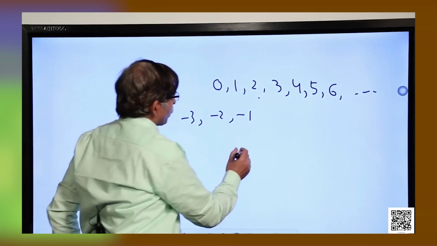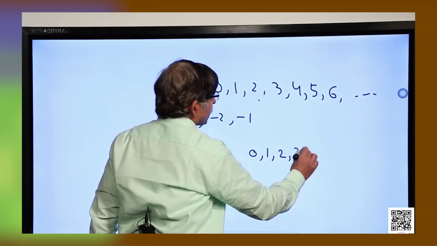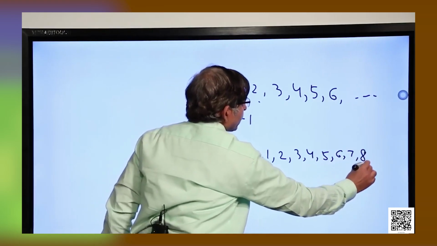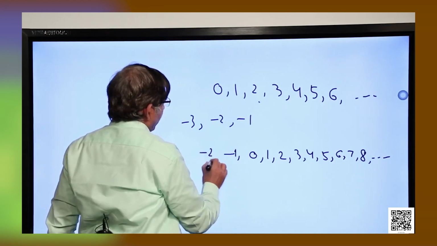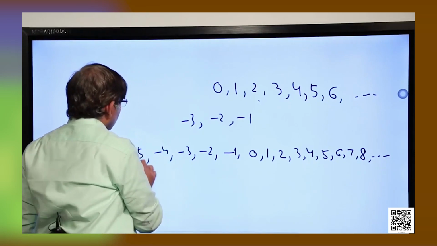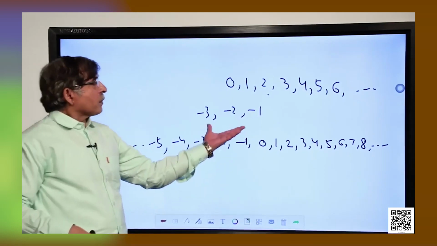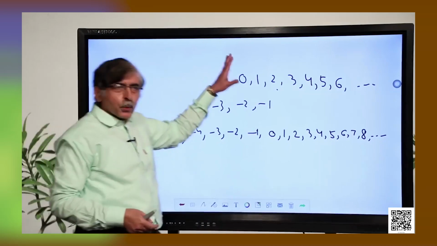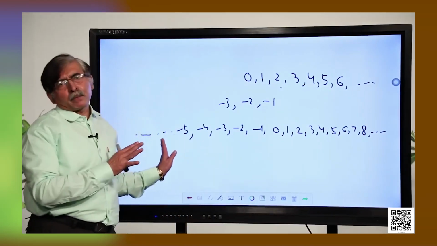Suppose we have 0, 1, 2, 3, 4, 5, 6, 7, 8 like that, and on this side we have the numbers -1, -2, -3, -4, -5. This will constitute integers. So, integers mean we have natural numbers, whole numbers and negative numbers.